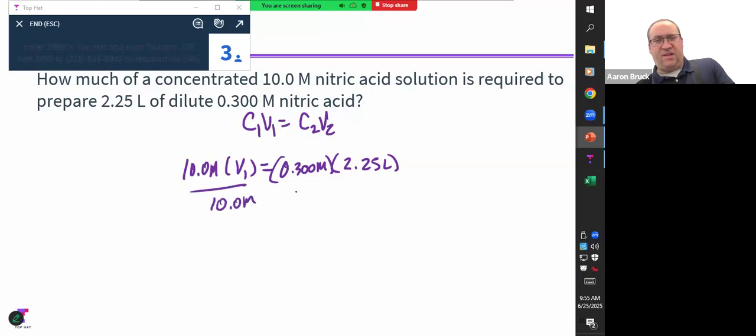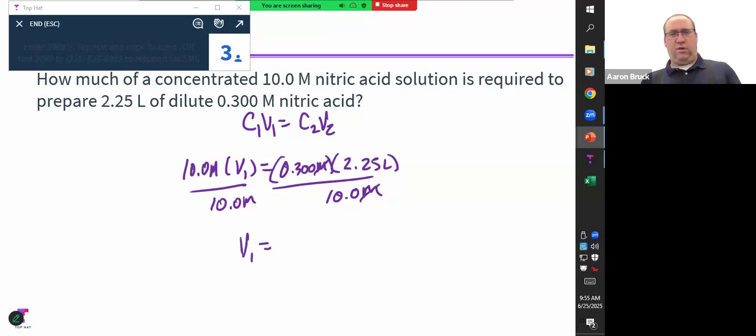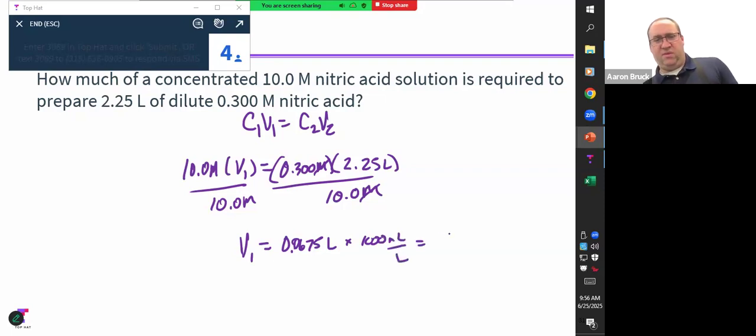So if I divide each side by 10 molar, 0.3 times 2.25 divided by 10 is 0.0675 liters, which if we converted to milliliters would be 67.5. Any questions there?